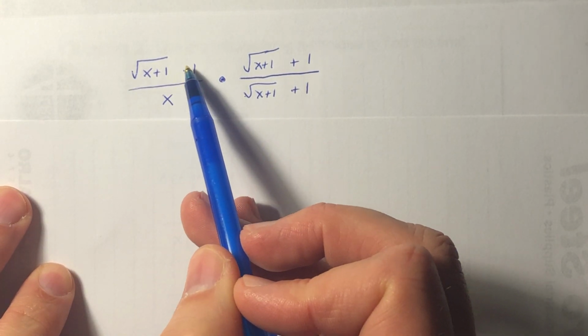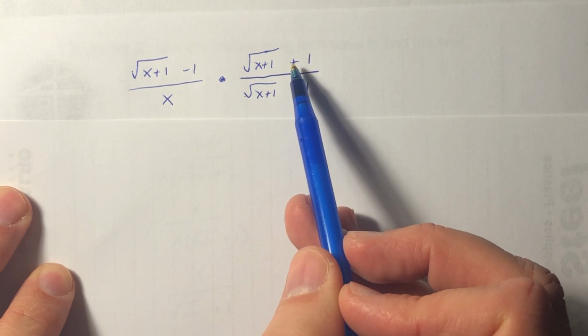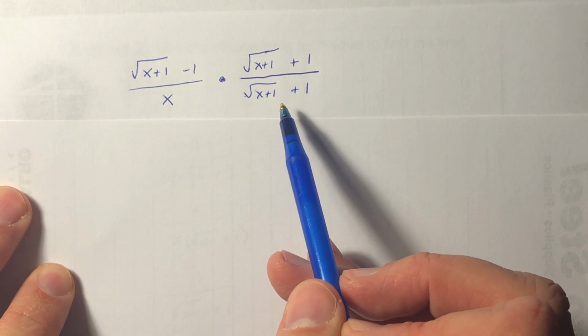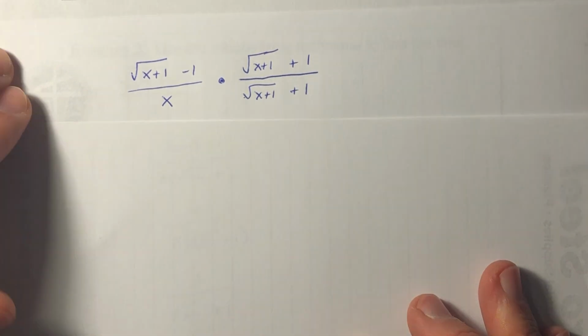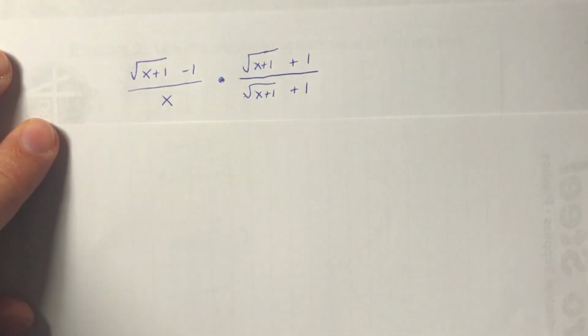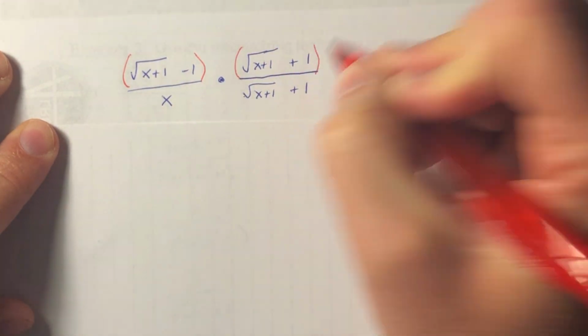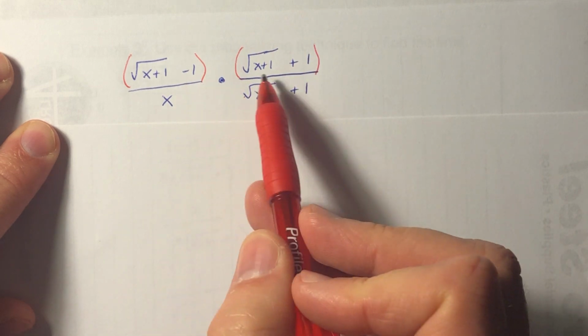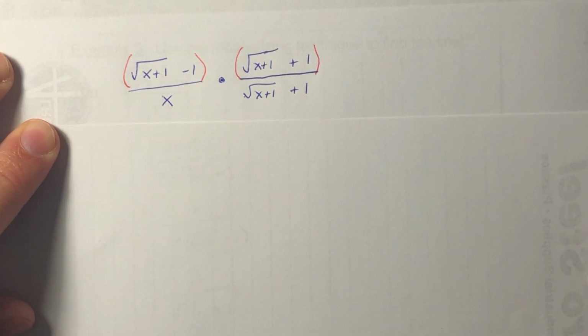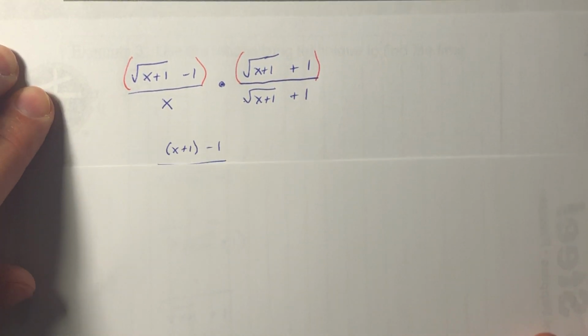So remember, we change that minus to a plus, and that's how you're going to rationalize it. Okay, so we're going to multiply this to the top, which means we need to multiply that down below. Now up top, you would actually FOIL. Okay, so this times this, this times this, this times this, and this times this. So FOIL, first, outside, inside, last.